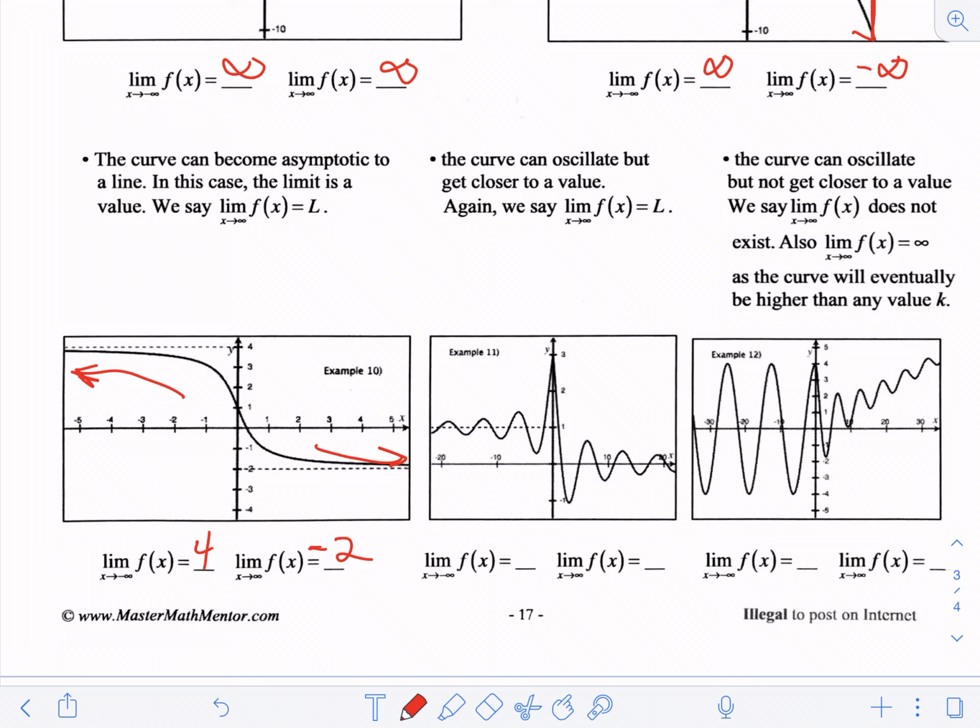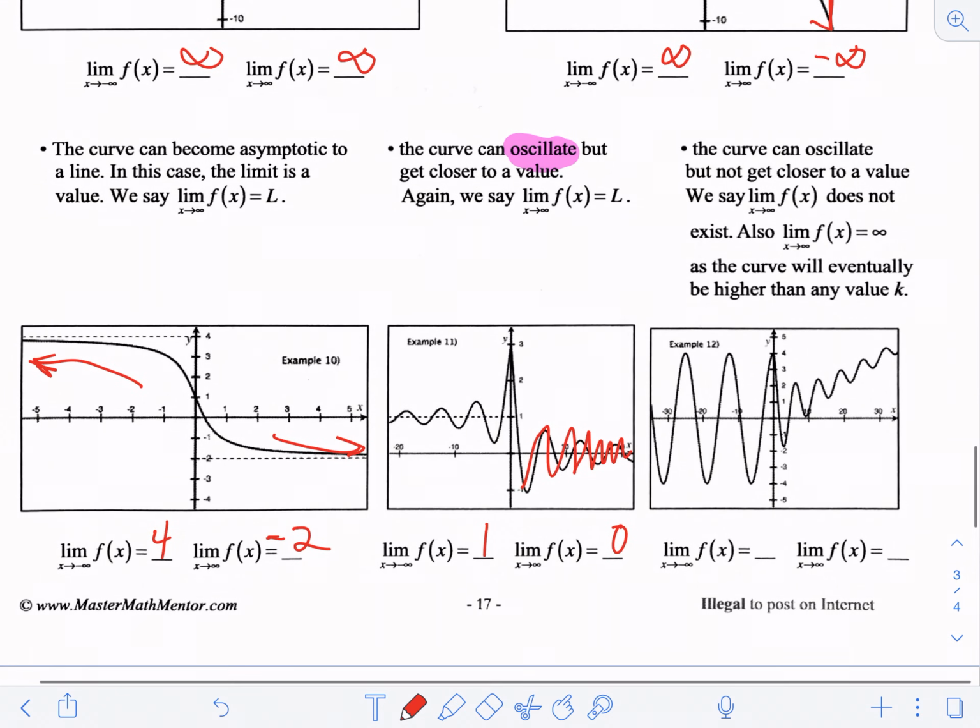This one looks like as it goes to infinity, it's oscillating back and forth, above and below, above and below. Remember, you can cross horizontal asymptotes. So it looks like I'm getting closer and closer to that asymptote, which happens to be at 1. And this one's getting closer and closer to this asymptote, which happens to be at 0.